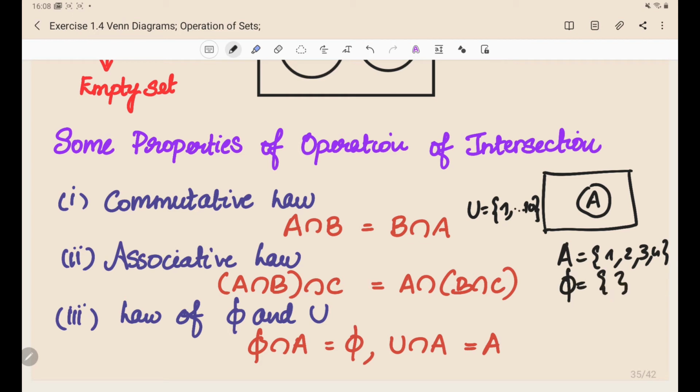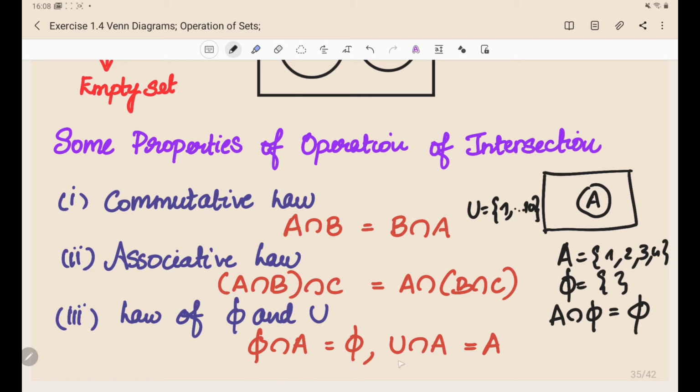Phi is the empty set. They don't have anything in common. So if you take the intersection, what is it actually? It is the common elements of both the sets. There are no common elements, and hence you can say that it is an empty set. If you take the intersection of phi and a subset, it is always phi.